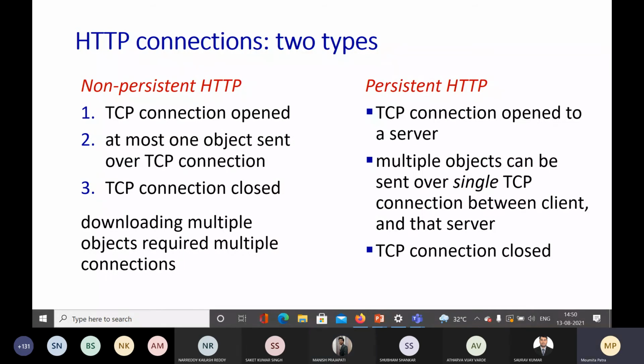Ma'am, in a site, if there are multiple images which have to be fetched from various resources, and we use a persistent HTTP connection, it will take a lot of time to load the website. But if we use non-persistent, the process can be quicker. The process can be quicker, but you are not receiving the entire web page also, no?